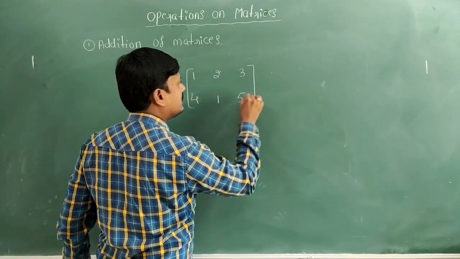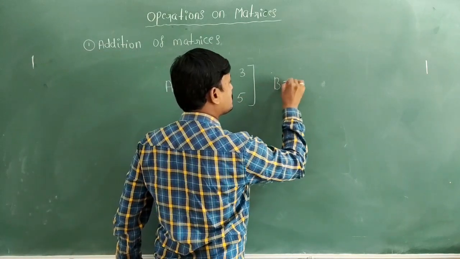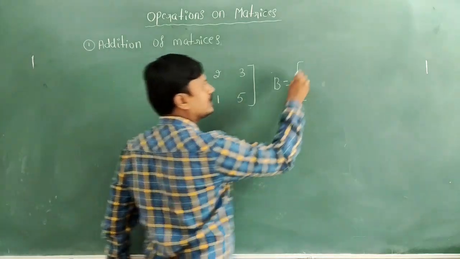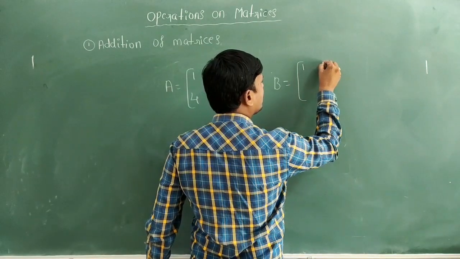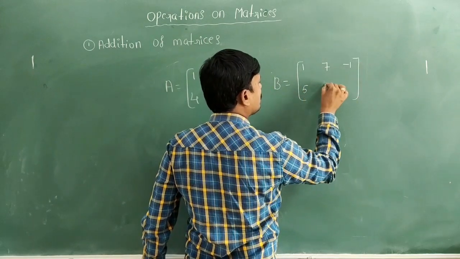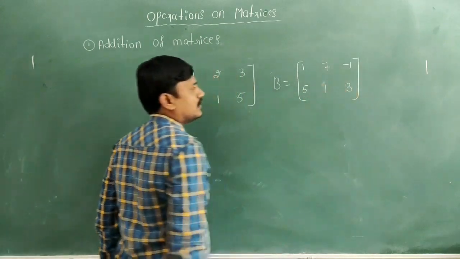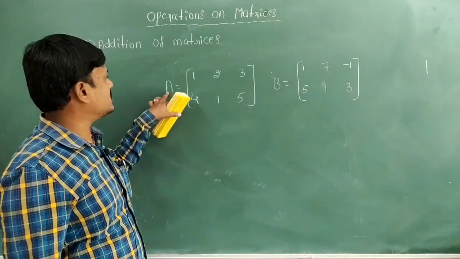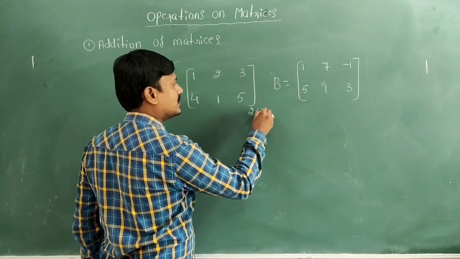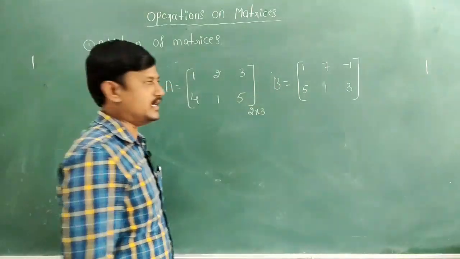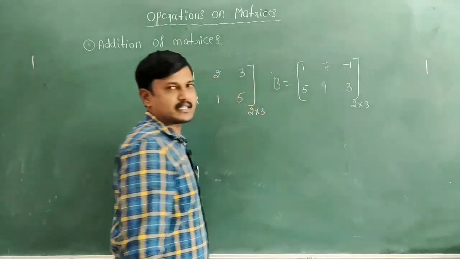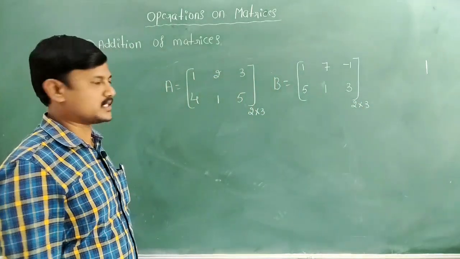Consider another matrix B of the same order: 1, 7, minus 1, 5, 1, 3. What is the order of matrix A? It is 2 cross 3. The order of matrix B is also 2 cross 3. Then the sum of the two matrices is possible.